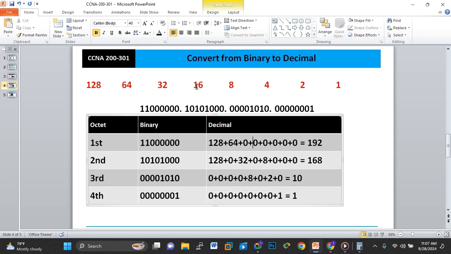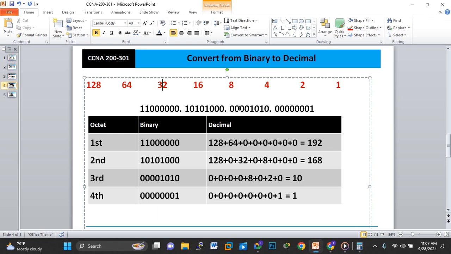So now you can see these zeros, you place them under these digits. Same method. You select the 0, 0, 0, 0 and place them under these. Now you can see the 1, 0, 1, 0 under the 8, 4, 2, 1. If you add these digits, it will arrive at 10. 8 plus 2 is 10.